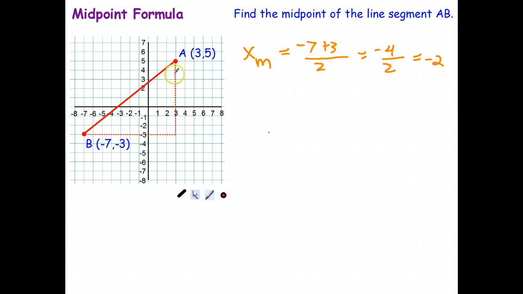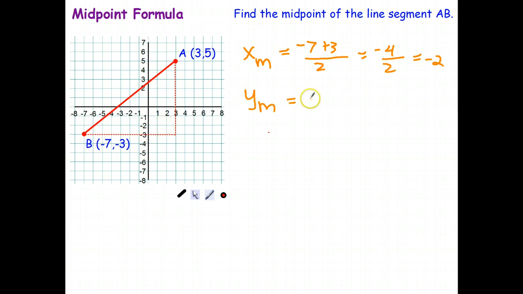Trying to find the midpoint of the y-coordinates, I do the same thing with the y-coordinates. I need to find the number that's halfway between a y-coordinate of 5 and a y-coordinate of -3. And the easiest way to do that is just to find the mean or the average.